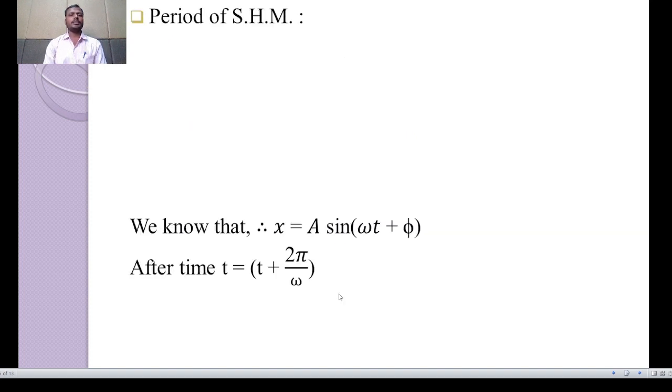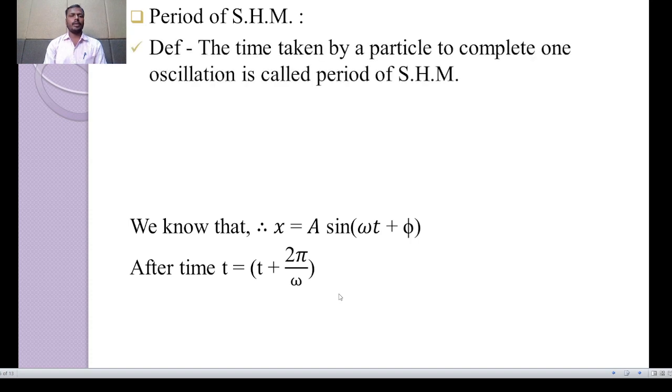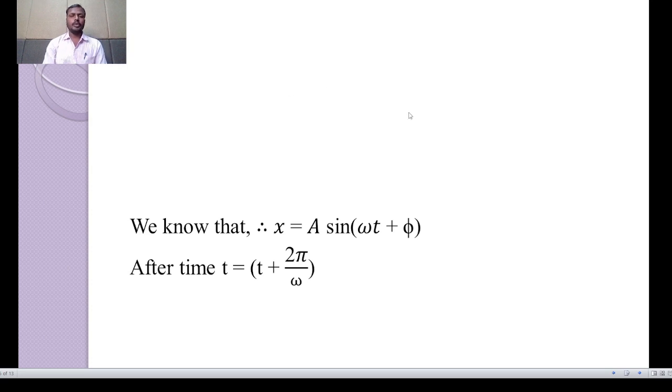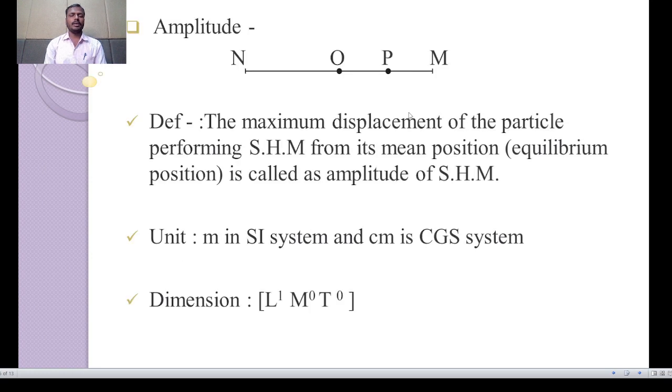Now, the next point is the period of SHM. The time taken by the particle to complete one oscillation is called the period of SHM. Using the last figure, we discuss the period. First of all, we discuss one oscillation.